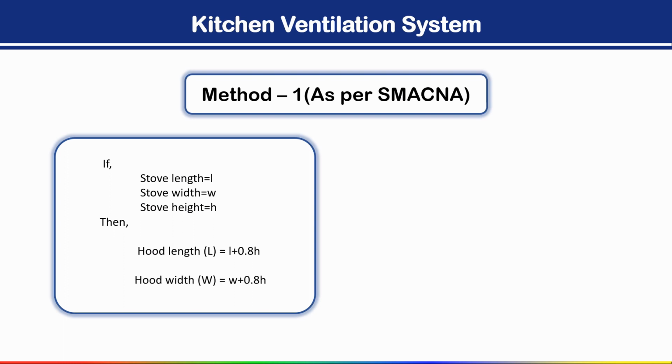The formula is capital W equals small w plus 0.8 into h, where small w is the stove width and small h is the stove height. In this way we find the hood size.